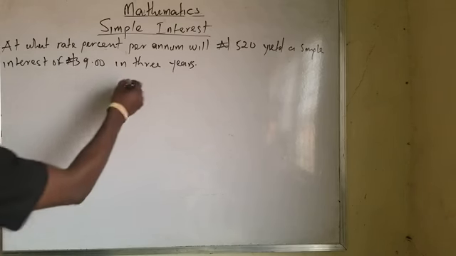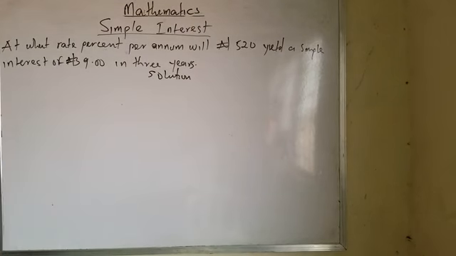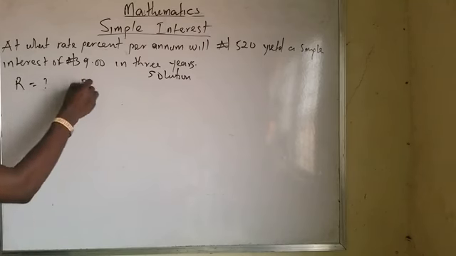Now, this is a very, very simple one. What you just need to know is that at what rate means your rate is the question mark. The principal is 520 naira, which is the startup.